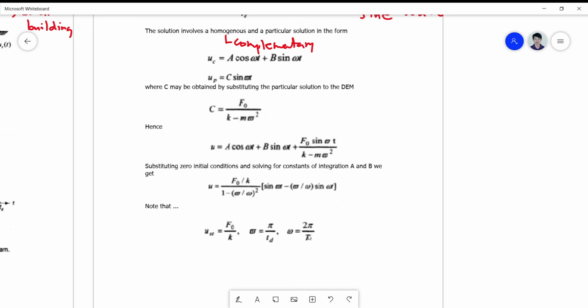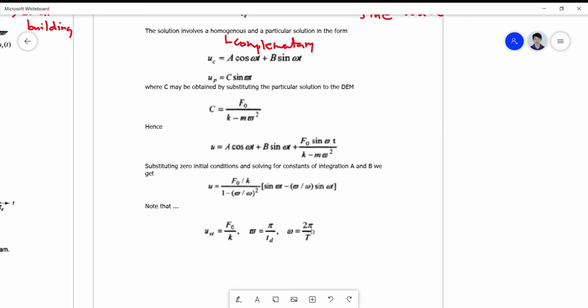Okay, so the time duration TD for an undamped vibration is actually half of the period T. So if we divide that, we can get as simple as pi over TD here.